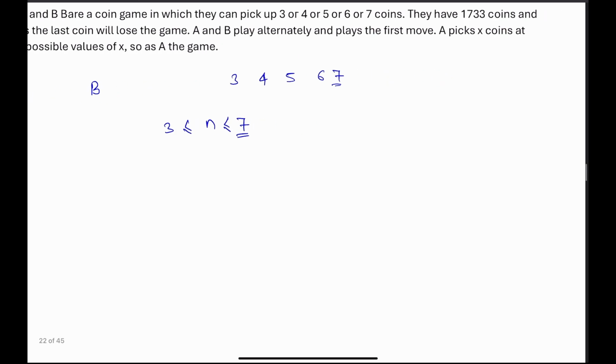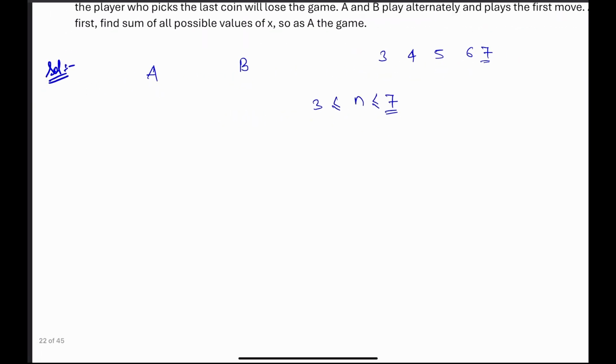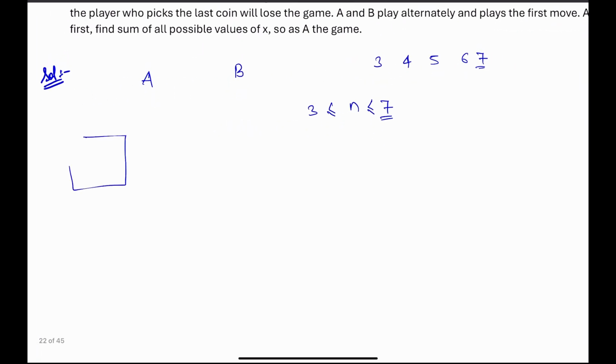They have 1733 coins in total. The one who picks last will lose the game.